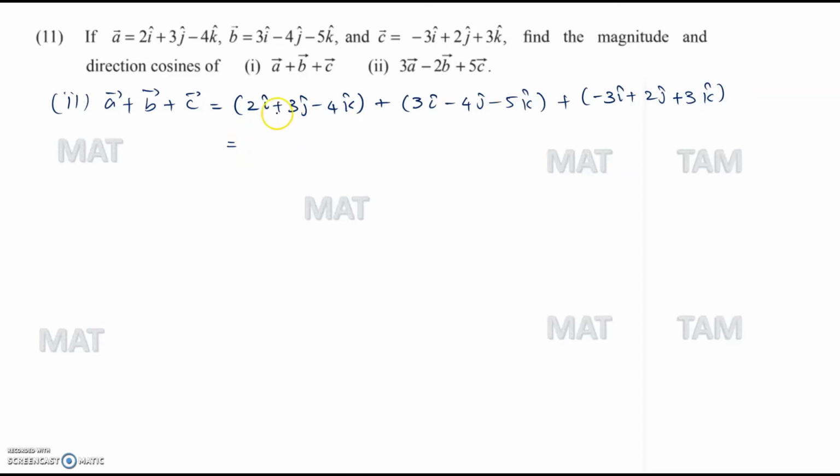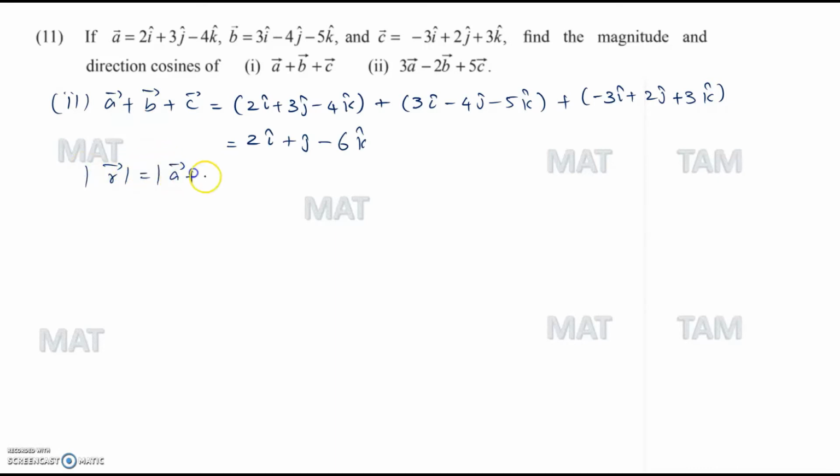So adding the 3, we get 2 plus 3 minus 3 will be 2i cap. 3 minus 4 plus 2 would be, 3 minus 4 is minus 1, minus 1 plus 2 would be 1, plus j cap. Then minus 4 minus 5 is minus 9. Minus 9 plus 3 will be minus 6, minus 6 k cap.